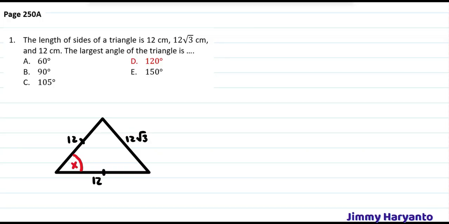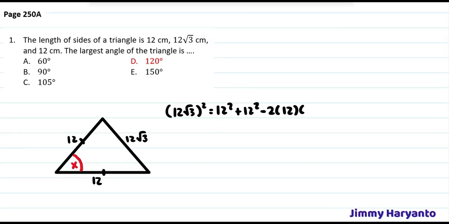That means the formula will be, using the cosine rule, because we only have one angle, that means we have to use the cosine rule. 12 square root of 3 squared equals 12 squared plus 12 squared minus 2 times 12 times 12 times cos x. Okay, so the first and the last terms will be the ones that oppose each other.